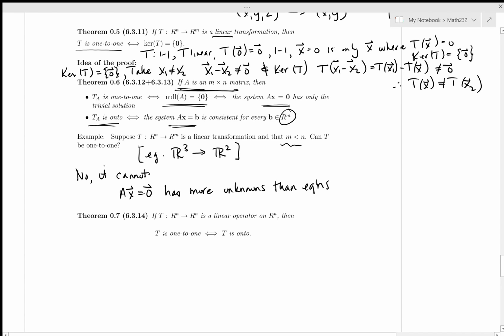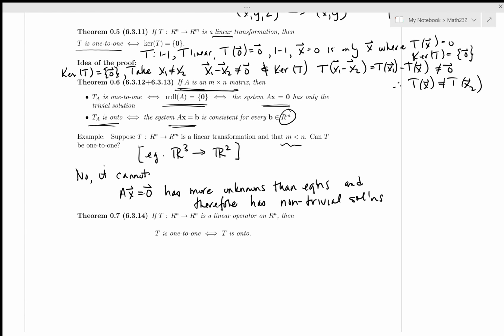It's not square, and therefore it has non-trivial solutions. So then more than one vector maps to 0. I mean, the 0 vector is going to map to 0, but then we're guaranteed that something else also maps to 0 because there's a non-trivial solution. So we're done. Okay, next theorem.